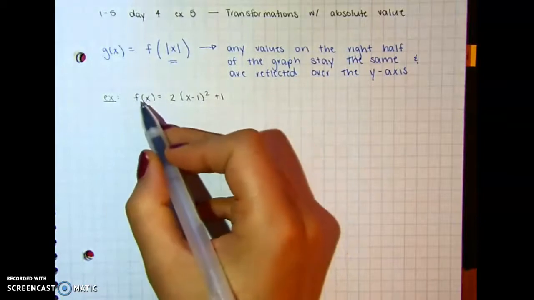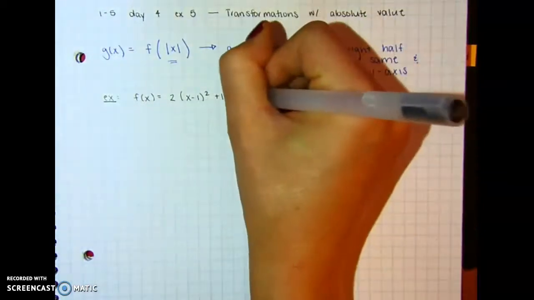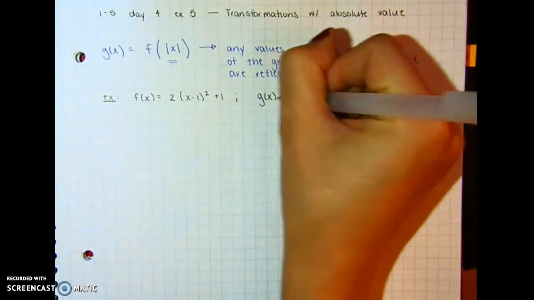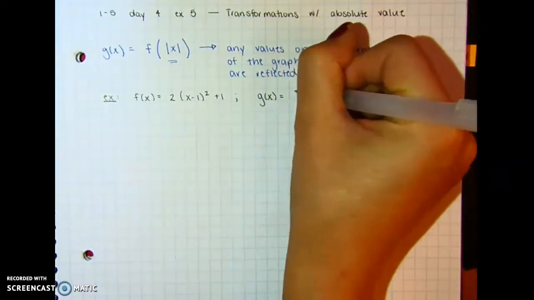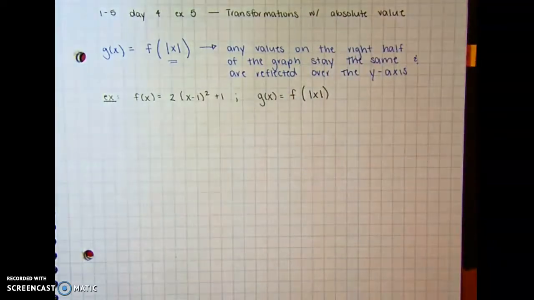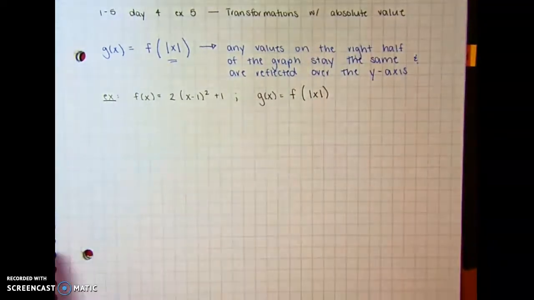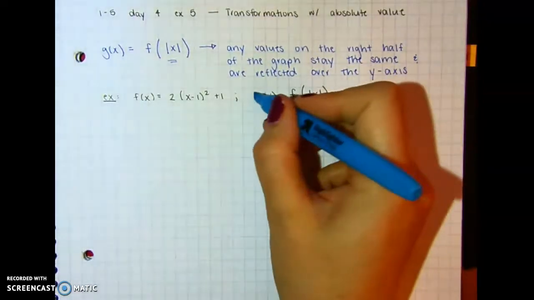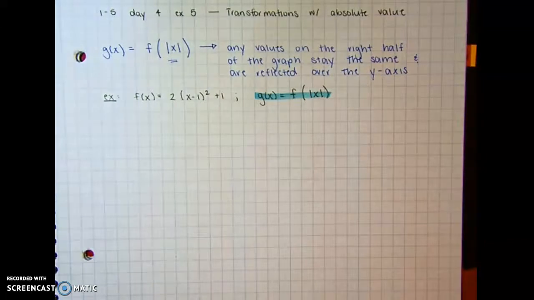So that's my original f of x. And then what we want to graph is g of x. And that's going to equal f of the absolute value of x. Okay, so this is our ultimate goal. This is what we actually want to graph. And I'm going to show you the steps on getting towards this final answer.